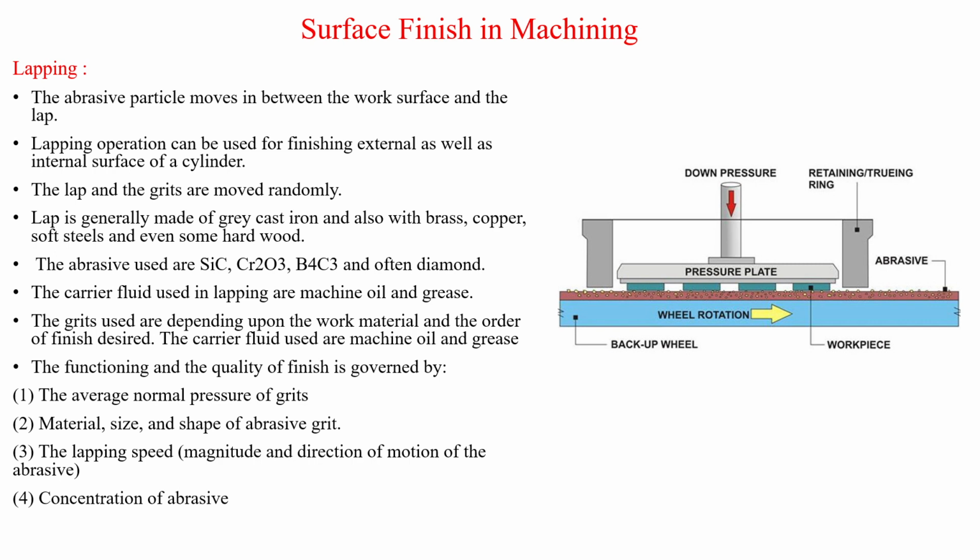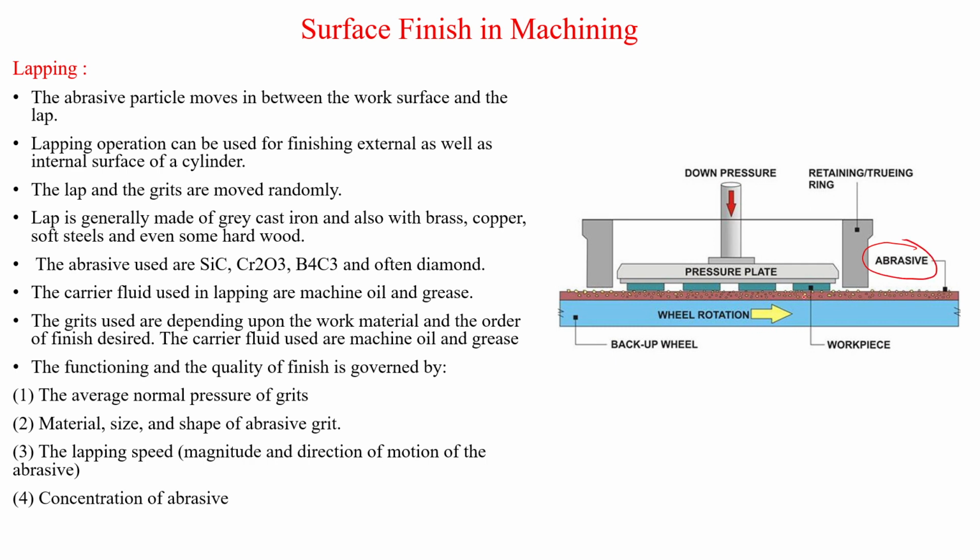You can see the lapping setup, in which this blue color is the wheel rotation. This is some piston kind of thing, and between this pressure plate and this wheel some grits, these abrasives, are kept. This is our workpiece.